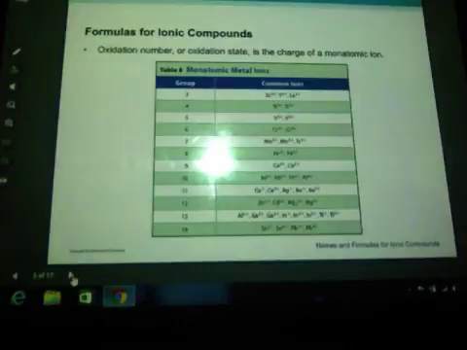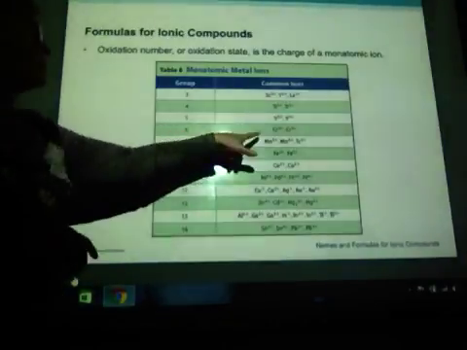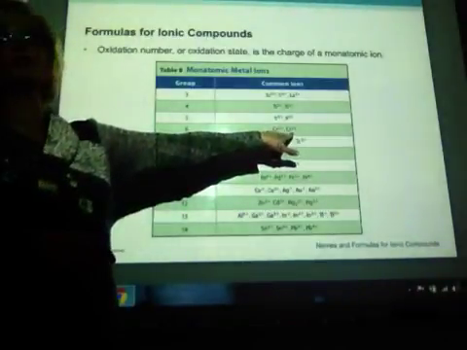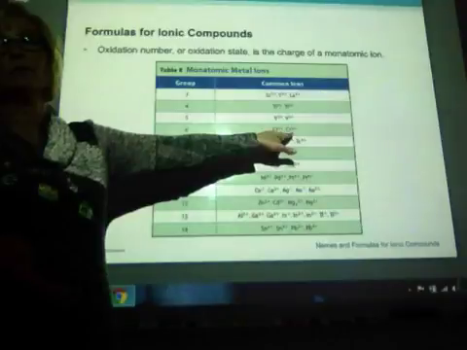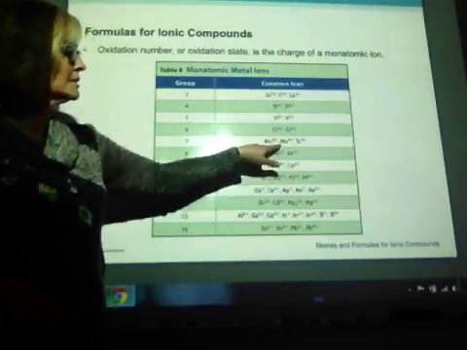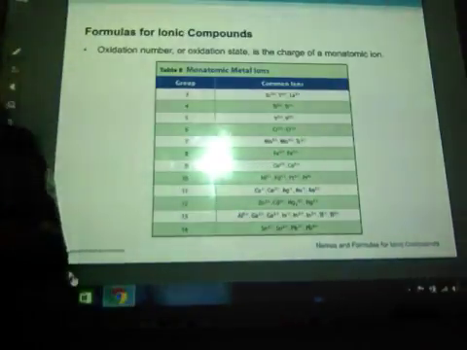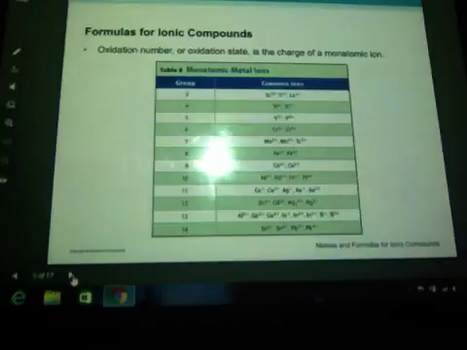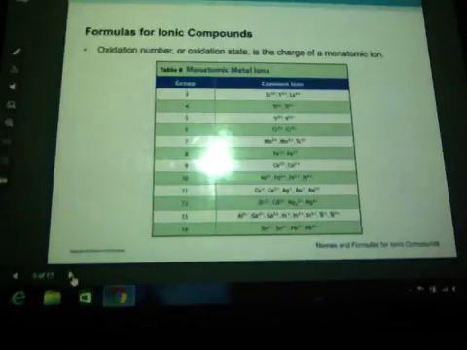So here's a table that shows some of them. Like here, chromium. Notice it has 2 different charges, where sodium is always +1, magnesium is always +2. Your transition metals, manganese, iron, cobalt, there's a lot of times more than one option. So we have to show that in the formula and in the name. And we'll talk about how to do that.